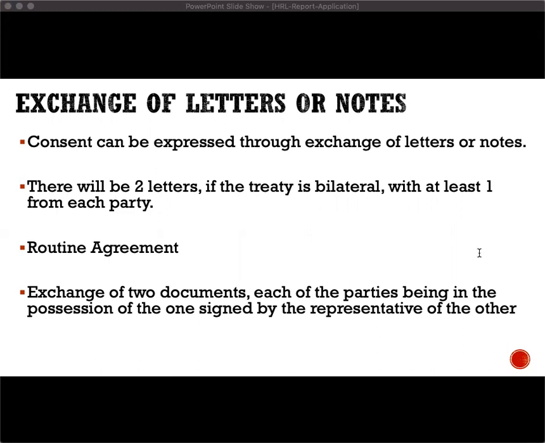The signatories of the letters may be government ministers, diplomats, or department heads, and the technique of exchanging notes is frequently resorted to either because it is a speedy procedure or sometimes to avoid the process of legislative approval. So literally, exchanging notes or the exchange of the treaty.